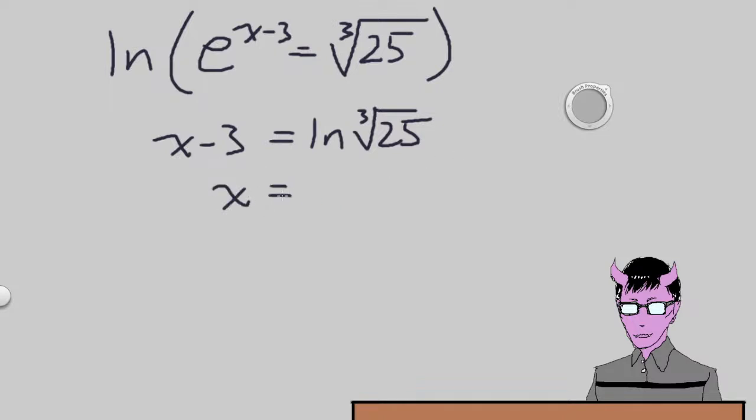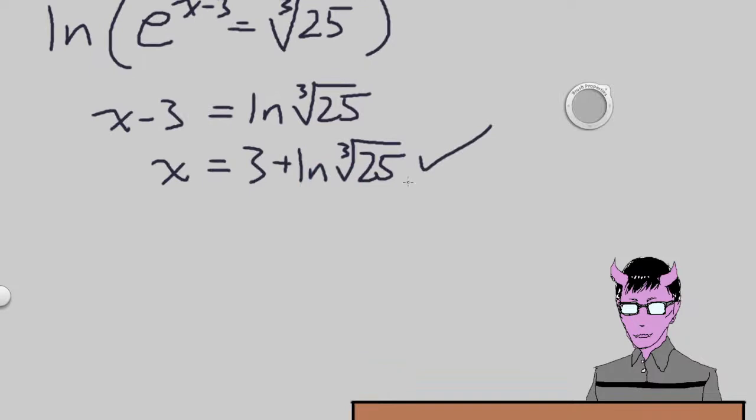Alright, and then we simply just add 3 to both sides. So x is equal to, successfully isolated, and plus 3, so 3 plus the rest of this chunk. And we're good to go. That is a valid answer. Is it a nice looking answer? No. But if you want to, you can transform this into a fractional exponent.